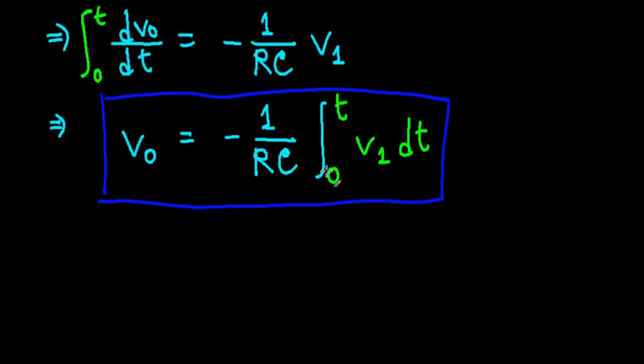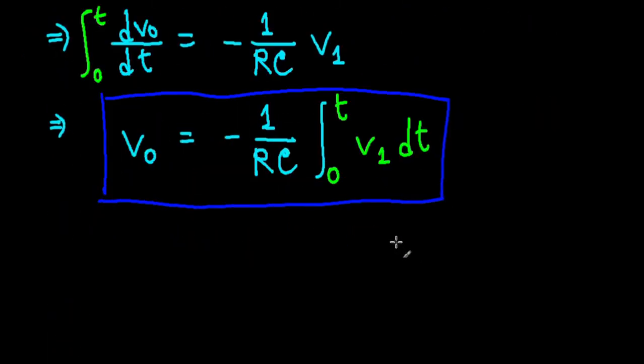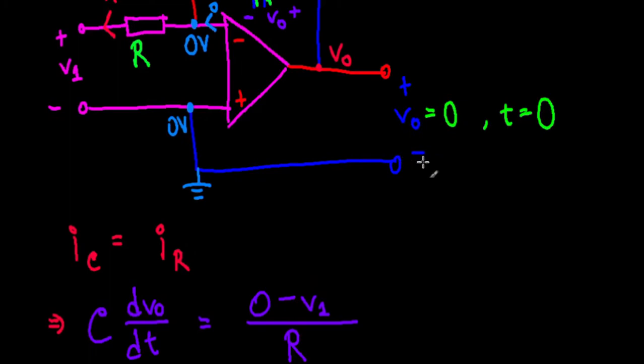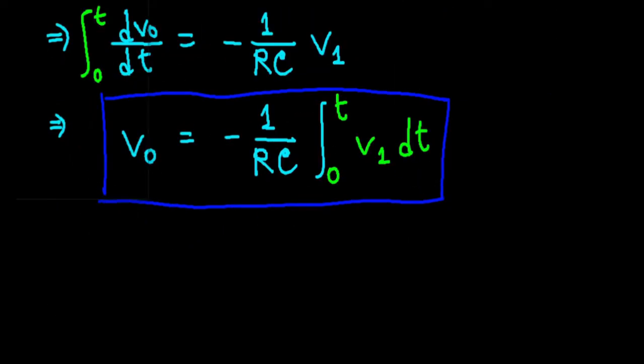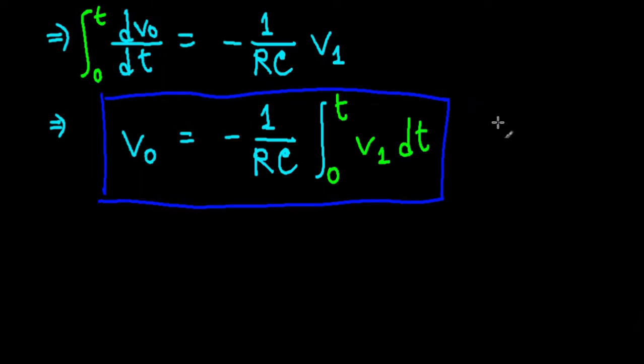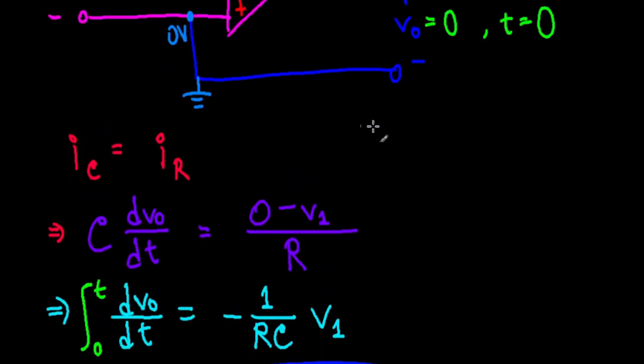This is based on the assumption that your output voltage is in fact 0 when time is equal to 0. If that's not the case, you'll have to add some constant here.